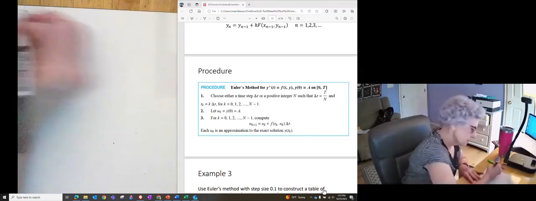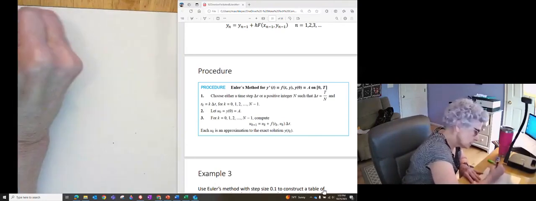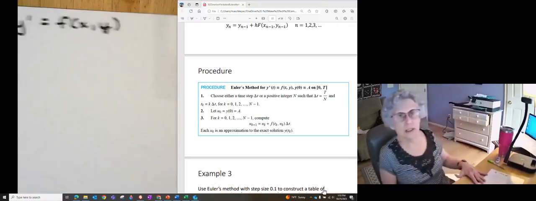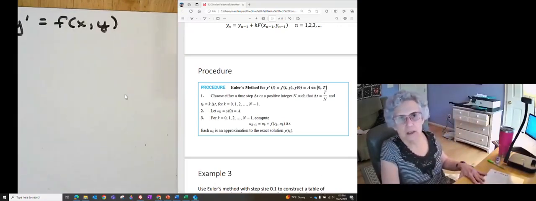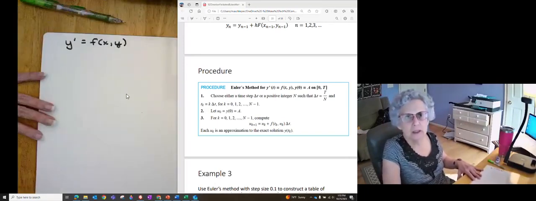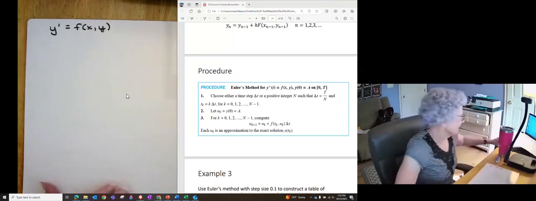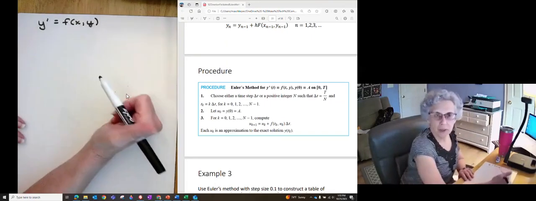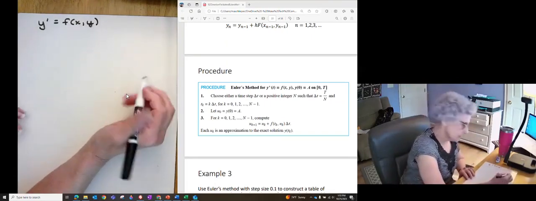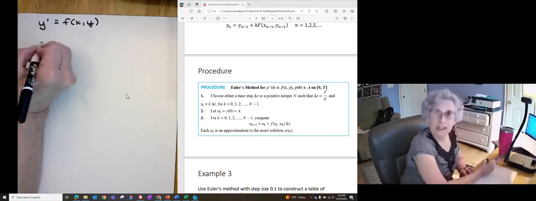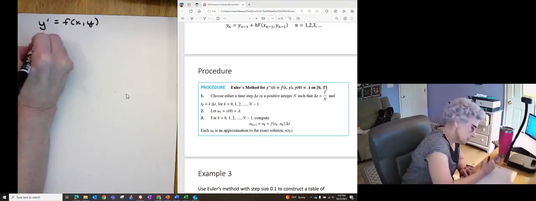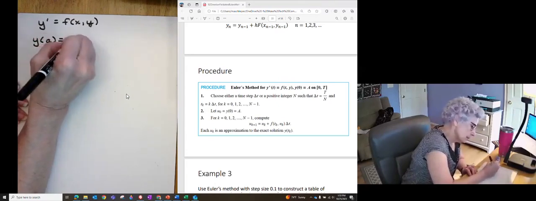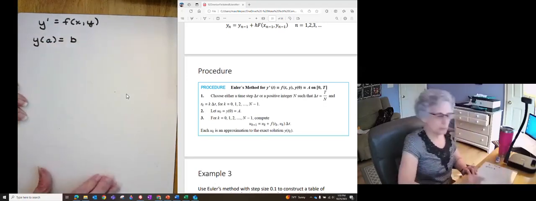So let's write that down. We have some derivative, y prime is equal to some function, and I'm going to use x and y because those are our favorites. And let me make this smaller. I had it really big to look at that slope field sheet. There we go. So y prime is equal to some function of x and y. You're given an initial condition, y of a is equal to b.